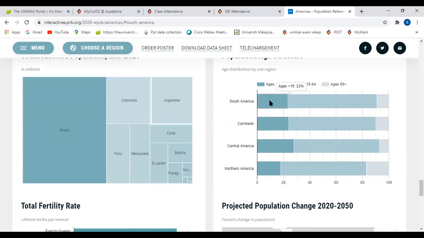In South America, you can see the percentage here, 15 and below is 23%. So if you use the criteria yang kita lihat awal tadi, it is less than 23%, so it is considered as not a young population. Okay, and those who are aged 15 to 64 is very big, 68%.